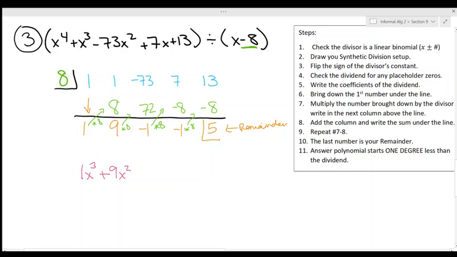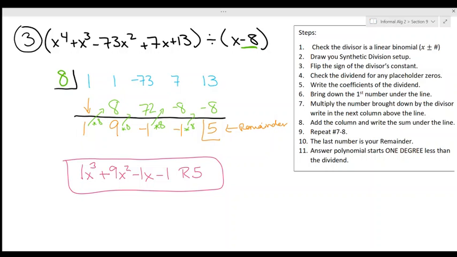We have a -1. We write that down. The next variable is just an x. We have a -1. After just an x is your constant value without a variable. Now we write our remainder, and just like we did the other day, you write this as R5. And here's your answer. x to the 3rd plus 9x squared minus x minus 1 with remainder 5.